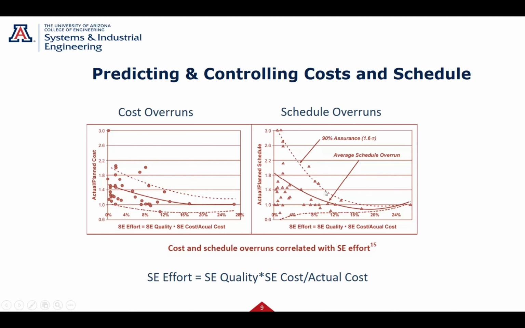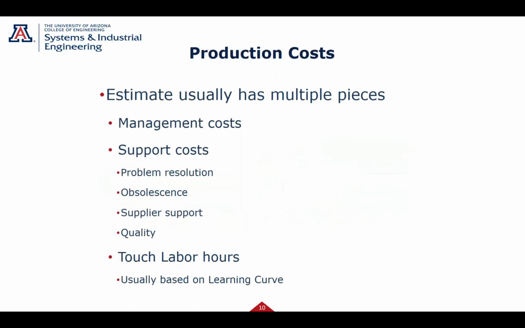And this curve on the right is the same data across the bottom, system engineering effort, but now actual schedule over planned schedule. So same thing, you cut your system engineering, what happens? Your schedule falls apart. So caution on cutting your system engineering, even though the first thing it seems like the right thing to do is to cut that. So just a caution on that.